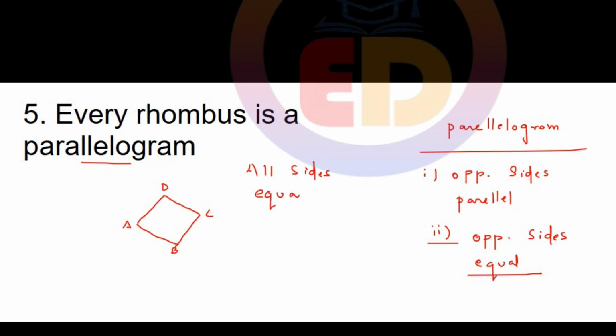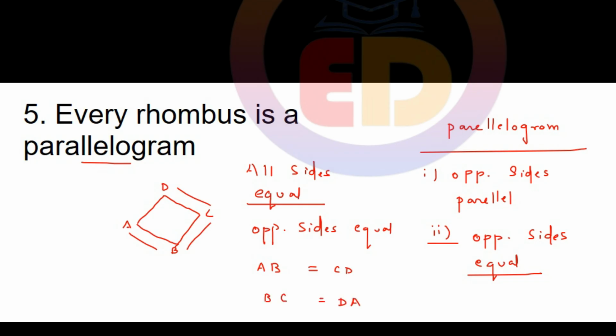Yes, if all sides are equal, we can definitely say that opposite sides are equal, because if all sides are equal then opposite sides will be equal. So we can say that AB is equal to CD, the side opposite to AB. Opposite sides are equal. Next opposite side pair is BC, that is equal to DA. So opposite sides are equal, and in the rhombus shape we know that opposite sides are parallel also.